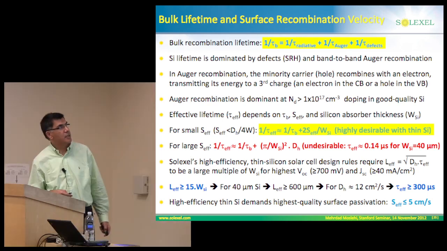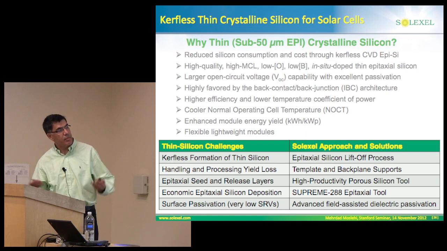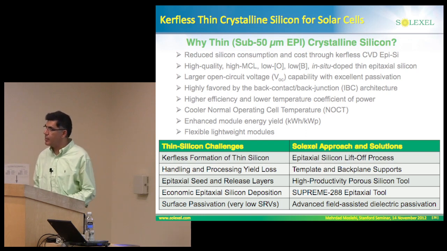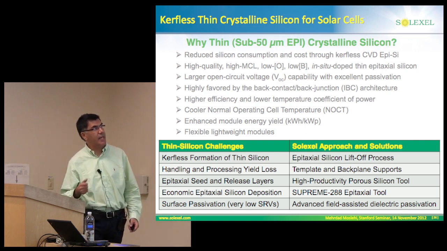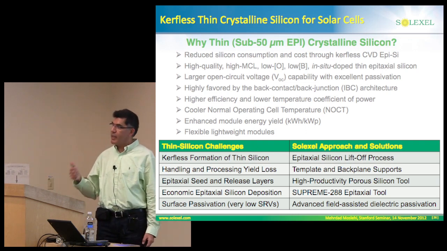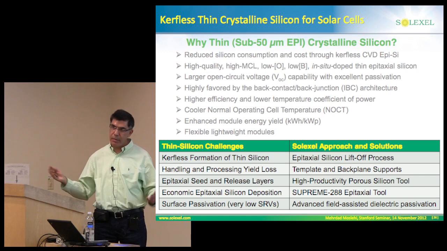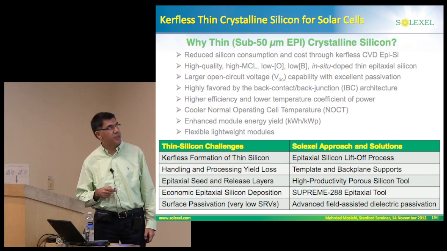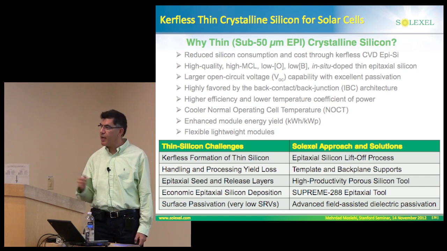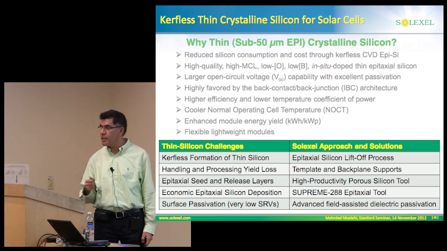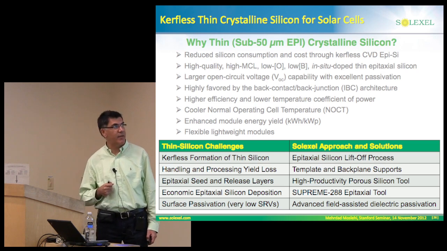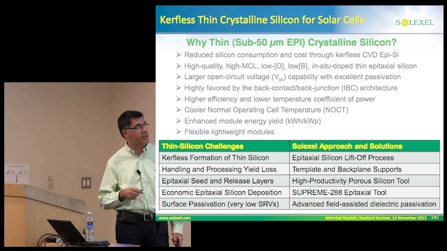So, why thin epi silicon? Very quickly, with epi, we reduce silicon consumption. That's part of our cost reduction. We do achieve high quality material in terms of minority carrier lifetime, over 300 microseconds.